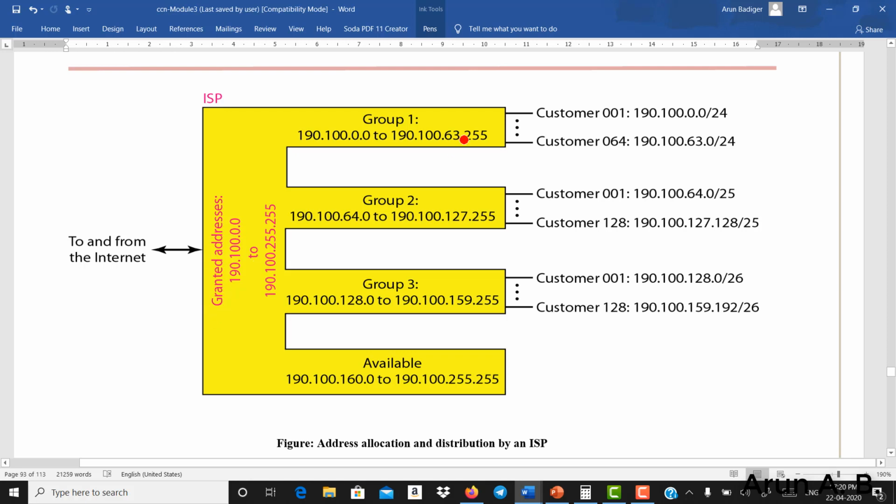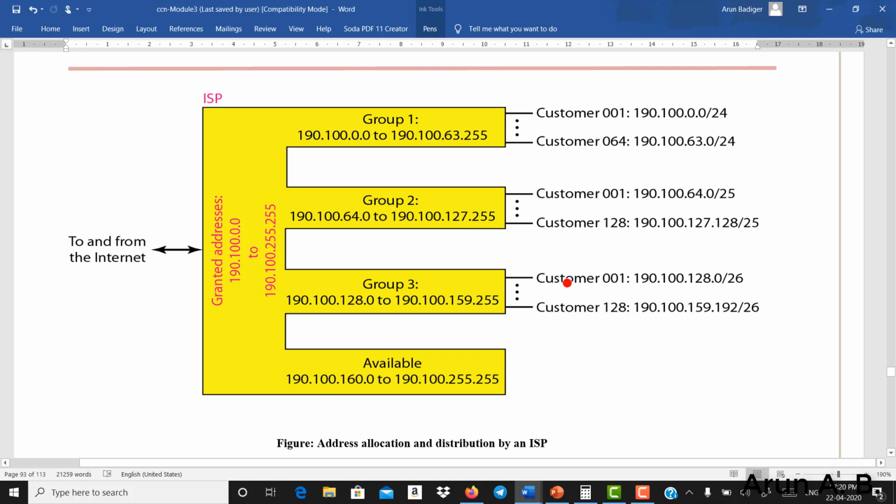In group 1, we had taken 64 customers, customer 1 to customer 64. The IP address for customer 1 starts with 190.100.0.0/24. The last was 63.0/24. Whereas group 2 started with 64.0 and /25, and it went up to 127.128/127.255.